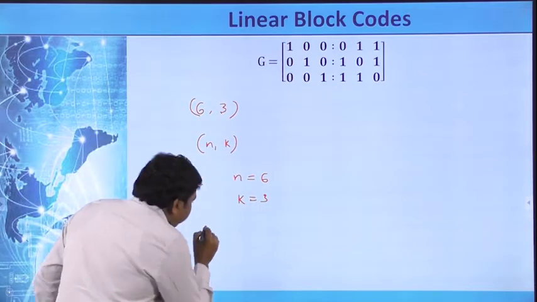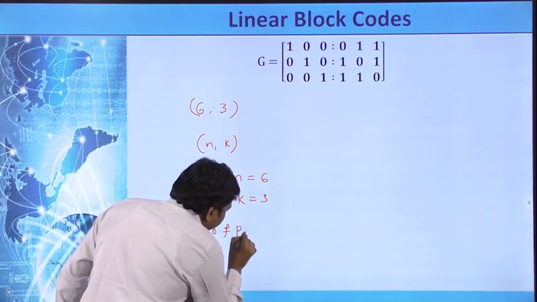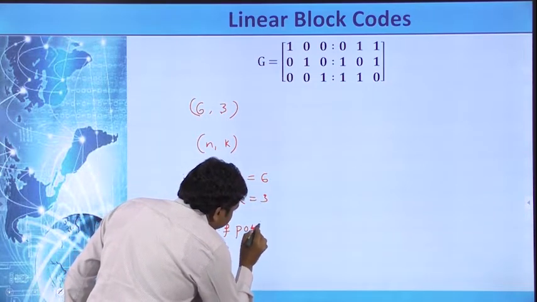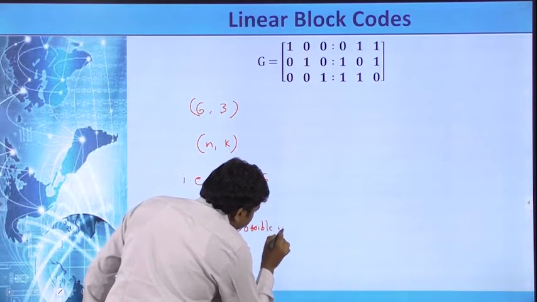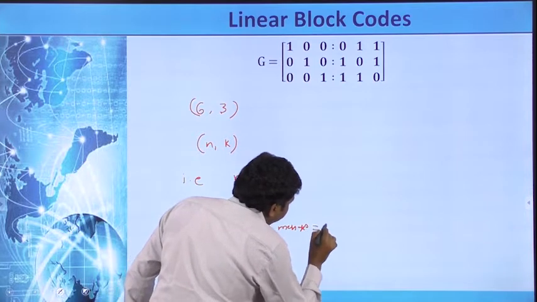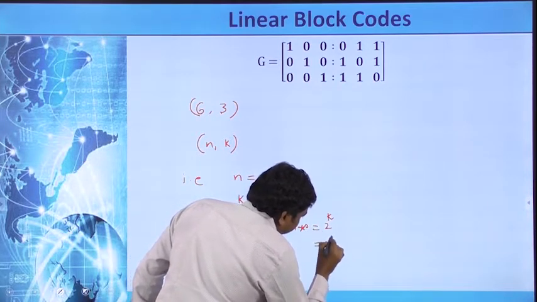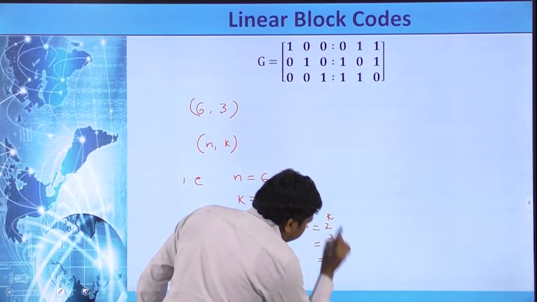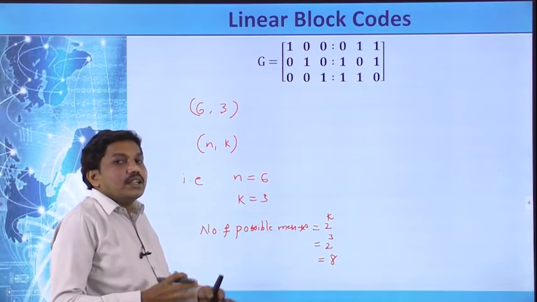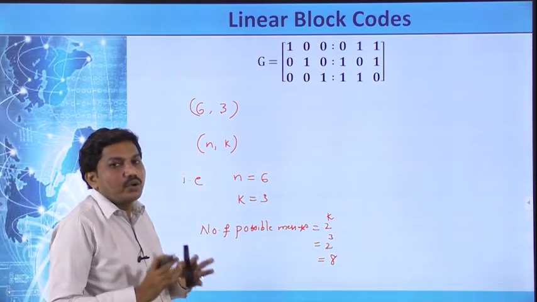The number of possible messages equals 2 power k, which is 2 power 3, that is 8. That means 8 possible messages are there with k equal to 3.